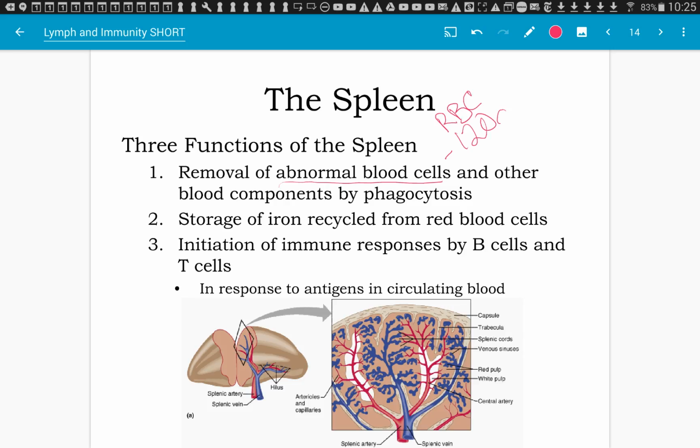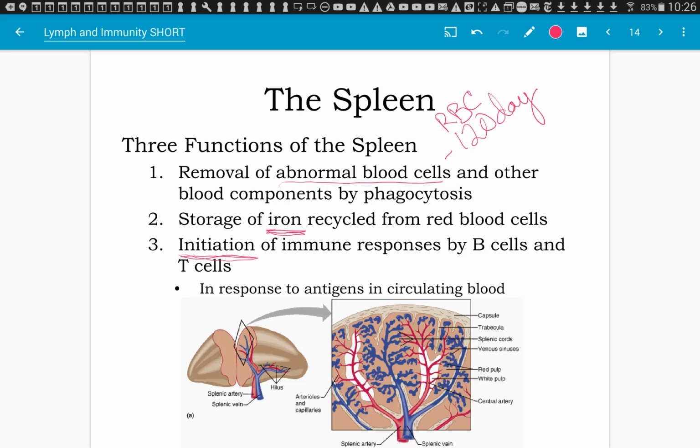Okay, so when they get old, they can be filtered out and taken care of in the spleen by phagocytosis. Also, some of the iron is stored in the spleen from recycled blood. And the third thing is that it also has a very important role in the immune response.